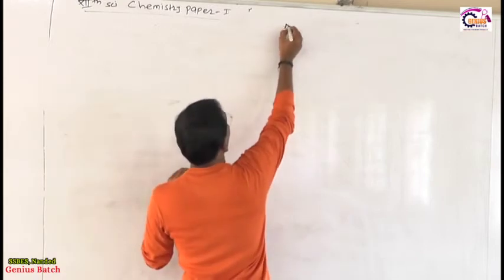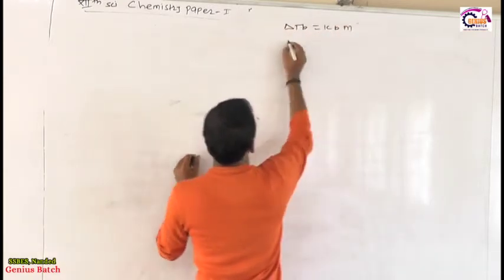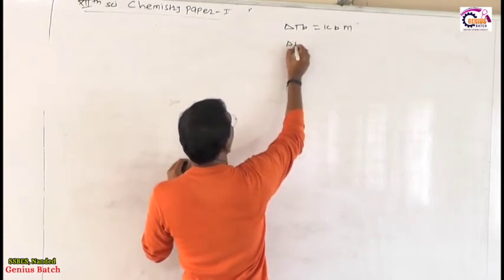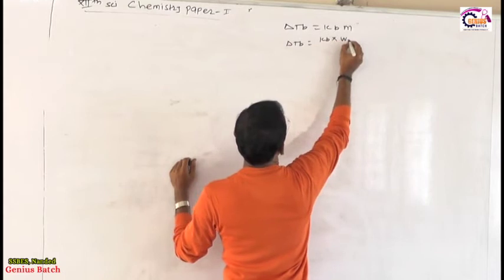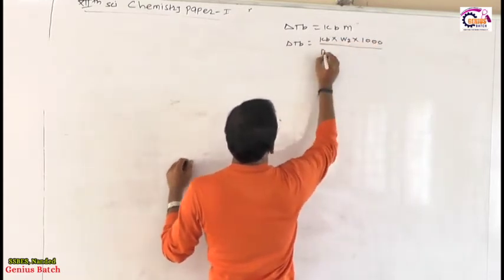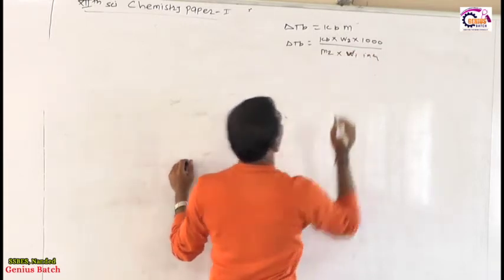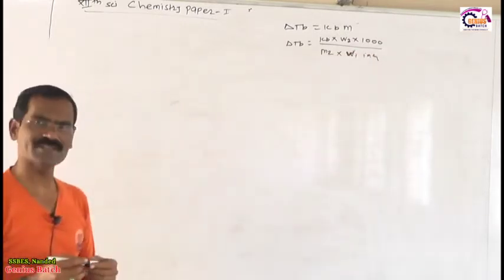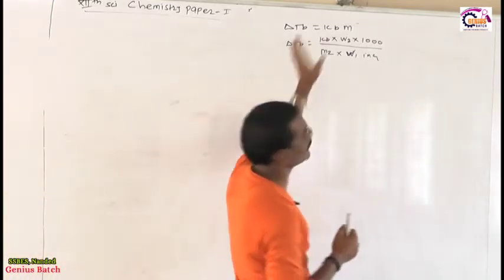You know very well, delta TB is equal to KB into M, or delta TB is equal to KB into W2 into 1000 divided by M2 into W1 in gram. The same thing happens for depression in freezing point, with delta TF and Kf.